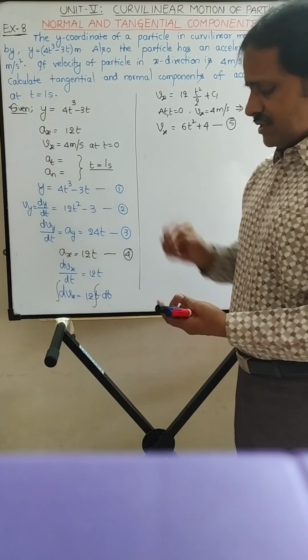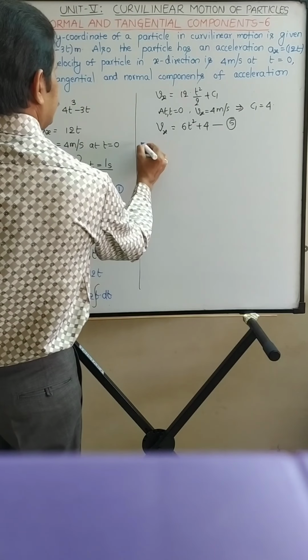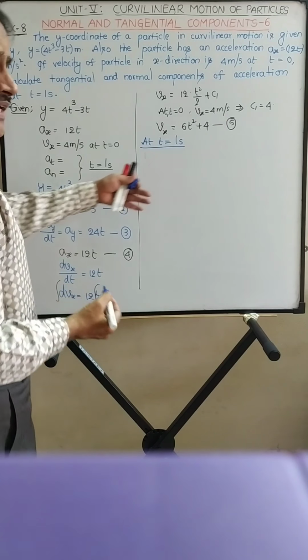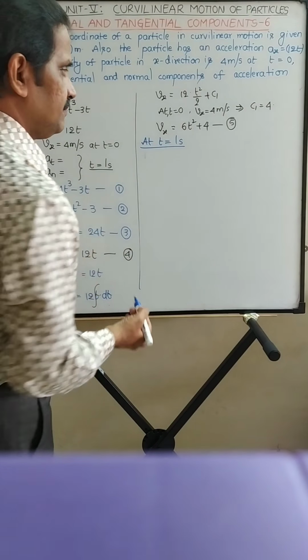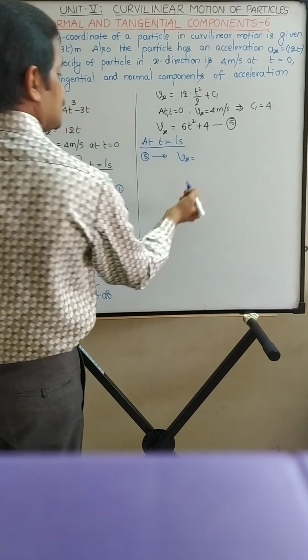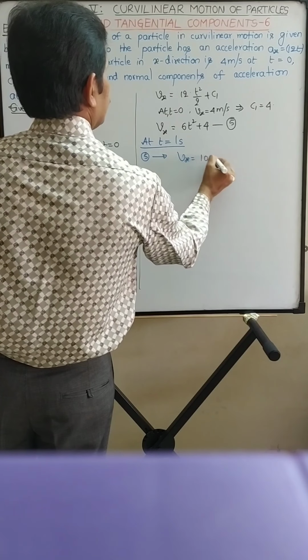Now, at t is equal to 1 second, we have to find out vx, vy, ax, ay. So from equation 5, we get vx, 6 plus 4, 10 meters per second, and vy from equation 2: vy is equal to 12 into 1 square, that is 12 minus 3, 9 meters per second.